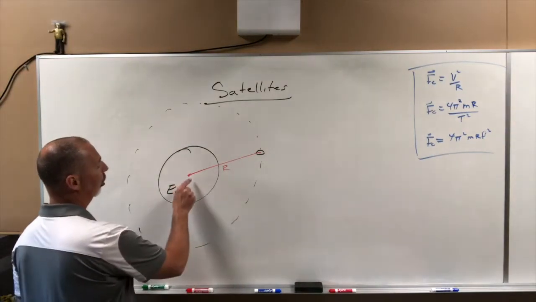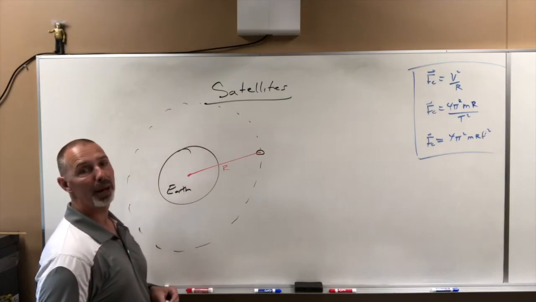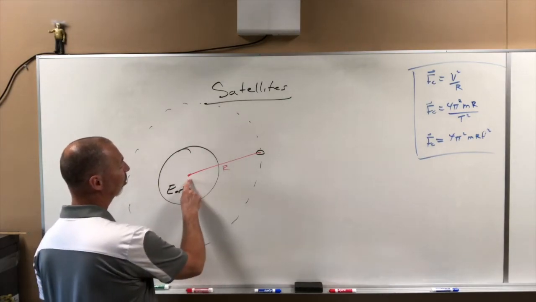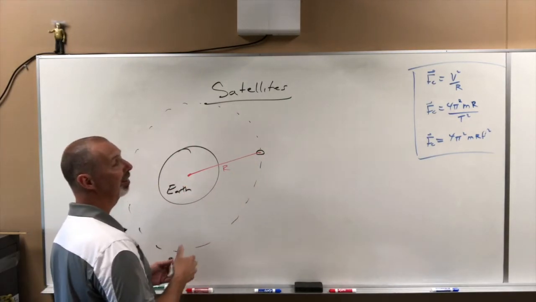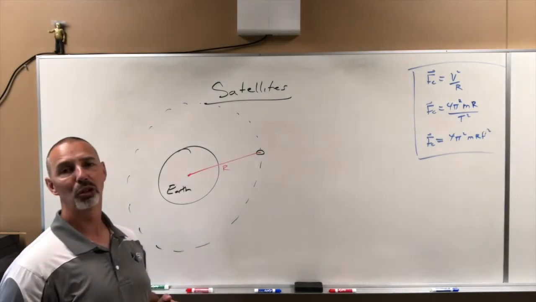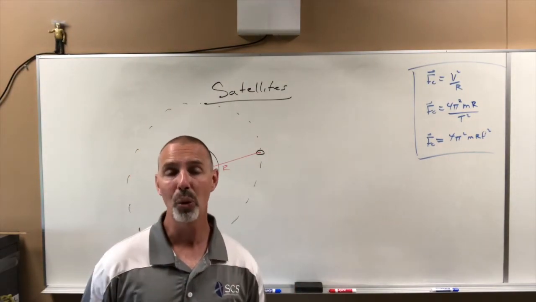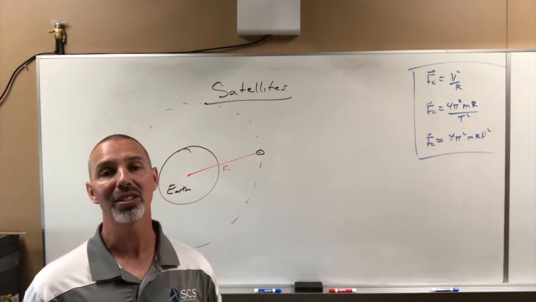So here we have the Earth, and we have a satellite that is going to be traveling around the Earth in a circular pattern. And so from the center of the Earth to that satellite is the radius of the circle. Now, if we think back to our centripetal motion unit, a centripetal force was the force that is keeping the object in its circular motion.